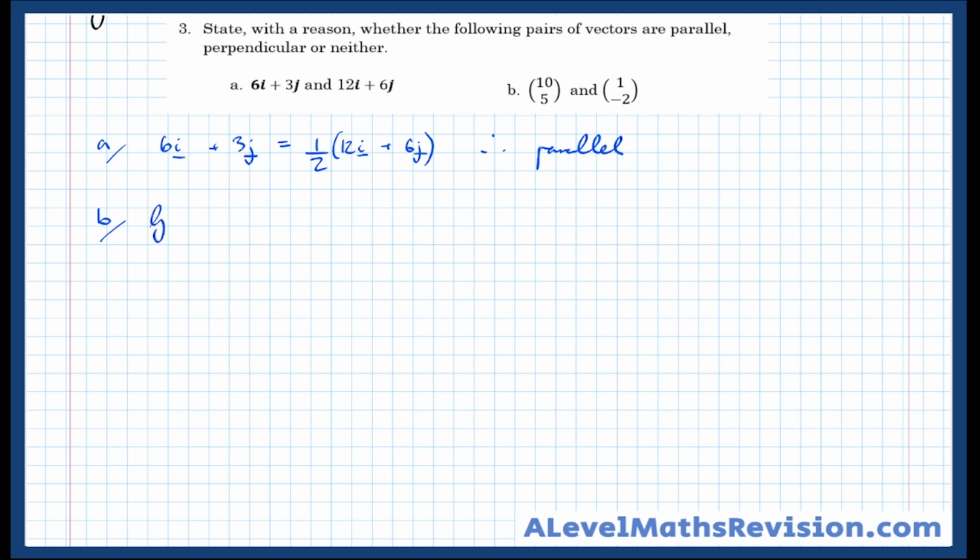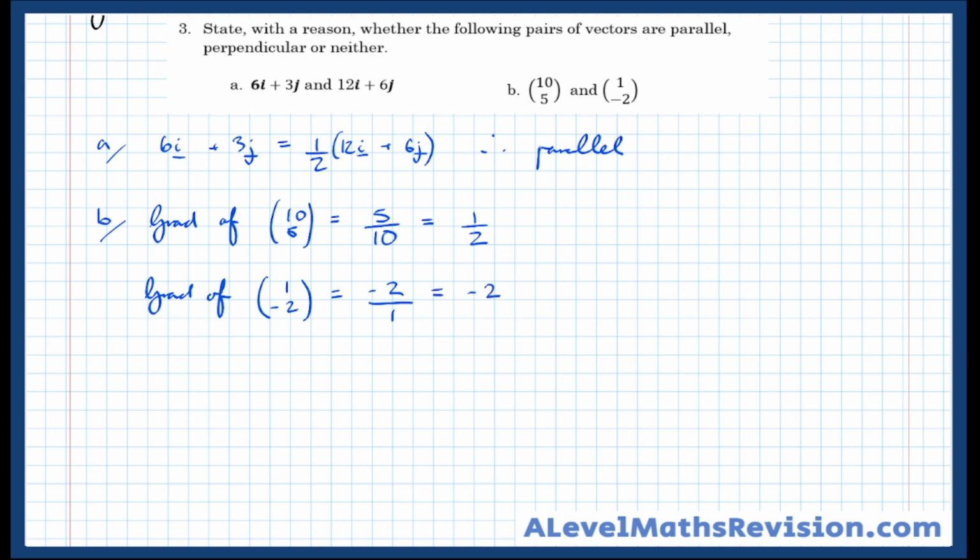So the gradient of 10, 5 equals y difference over x difference, which is 1/2. The gradient of 1, -2 is y difference over x difference, which equals -2. 1/2 times -2 equals -1.